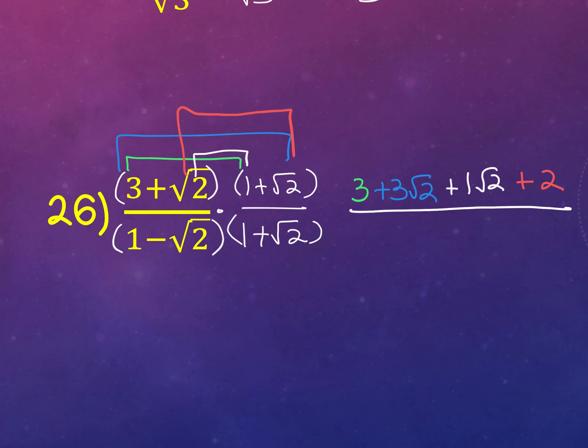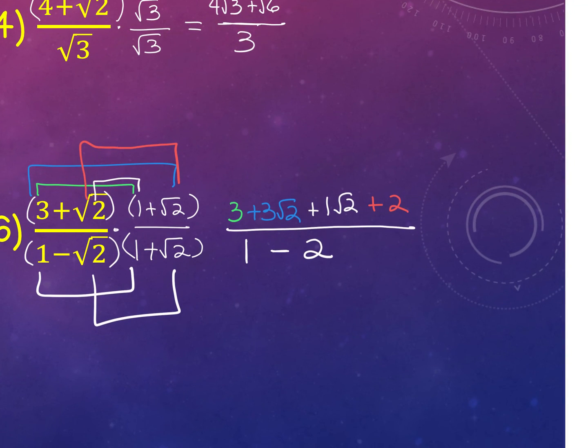Now, if you're not sure when you see something like this for the denominator, you could do the whole FOIL. But whenever you multiply two binomials that are opposite expressions, just do first and last. You can do the whole FOIL, but outer and inner are always going to cancel. So 1 times 1 is 1, and then last, negative root 2 times positive root 2 is just minus 2. Let me go ahead and combine my like terms here. So in the numerator, I can combine the outer and the inner here.